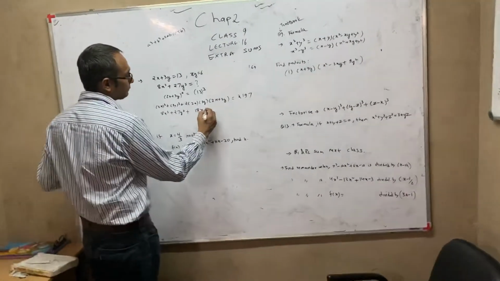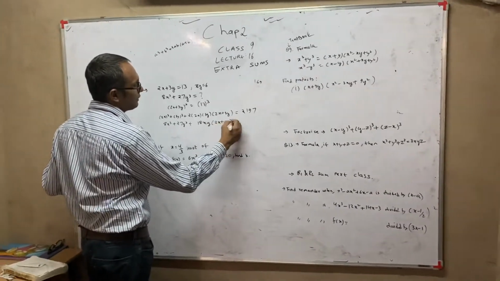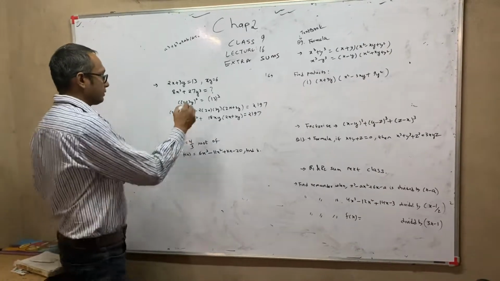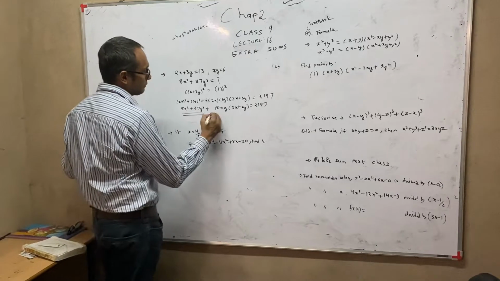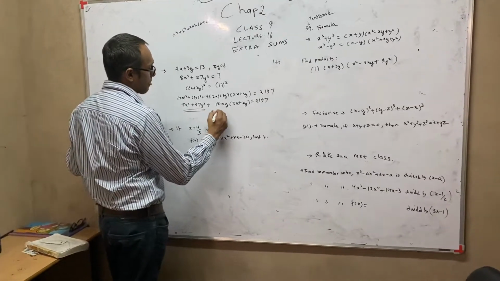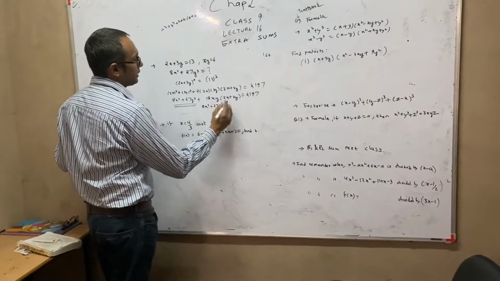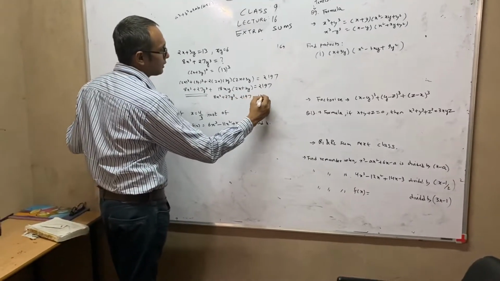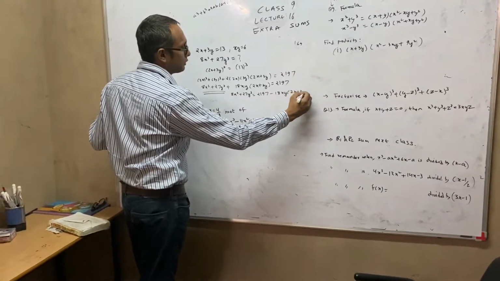xy bracket 2x plus 3y is equal to 2197. Now in the question they have asked us to find the value of this, so I will keep this here. And take everything on that side. 2197 minus 18xy into 2x plus 3y.